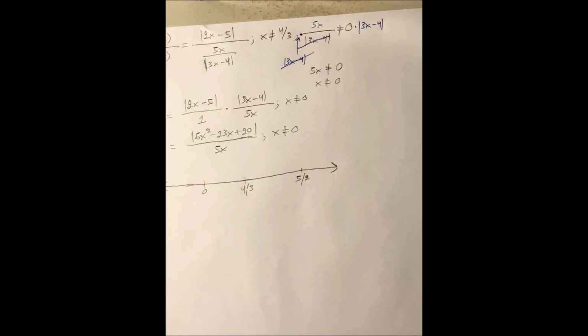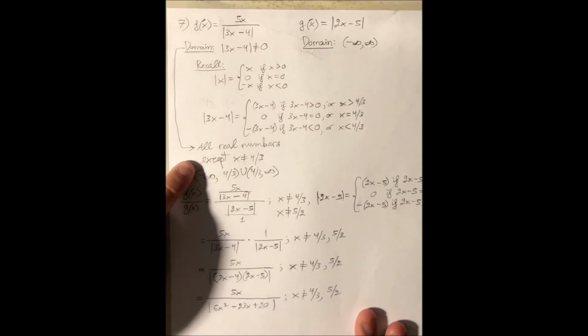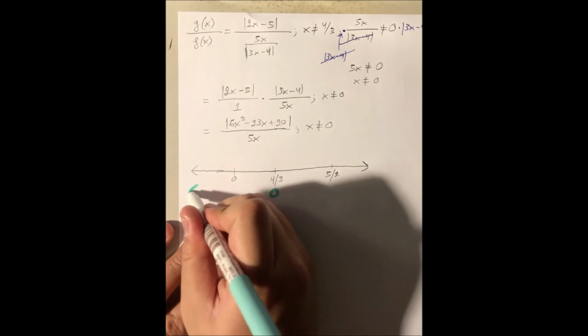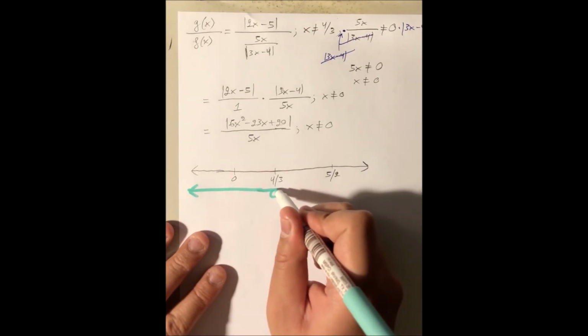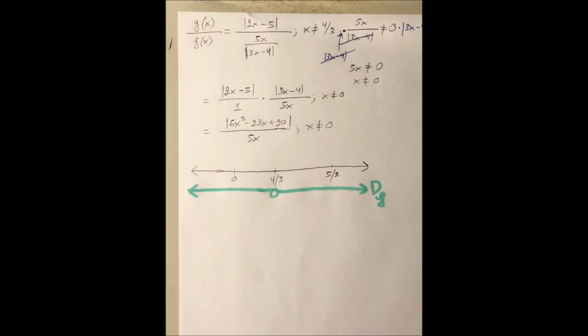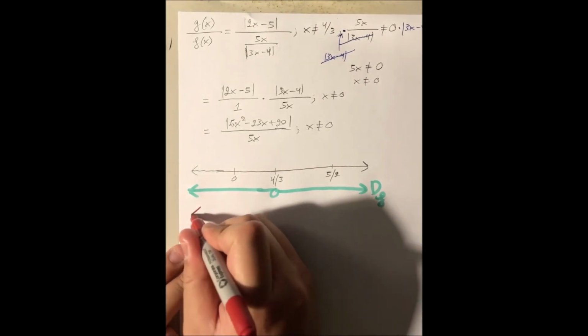Now, the domain of the function f is, as you see here, all real numbers except x cannot be equal to 4/3. So put the open circle here and sketch the domain of function f. Now, the domain of function g is, as you see, all real numbers. So it's just that.